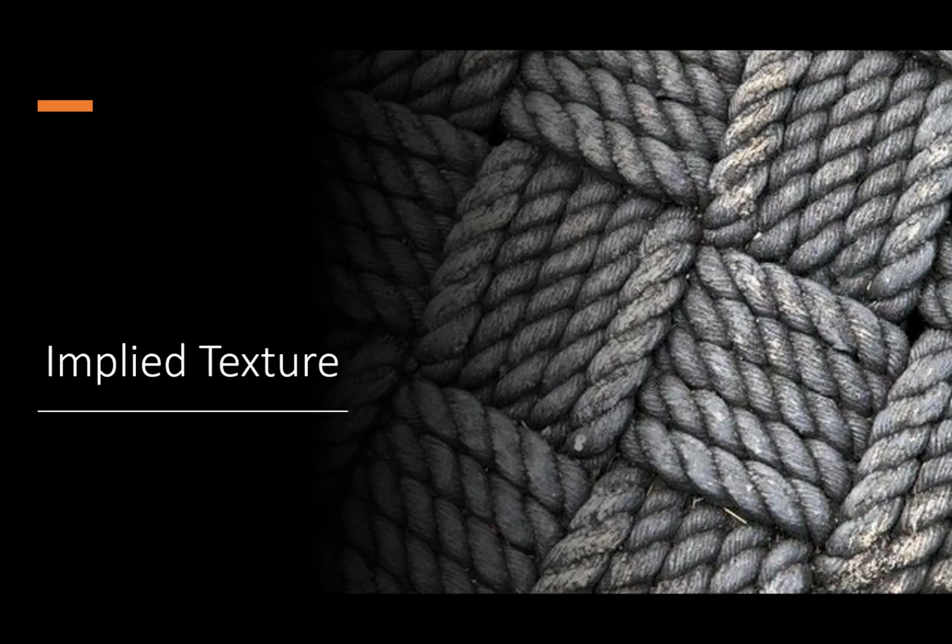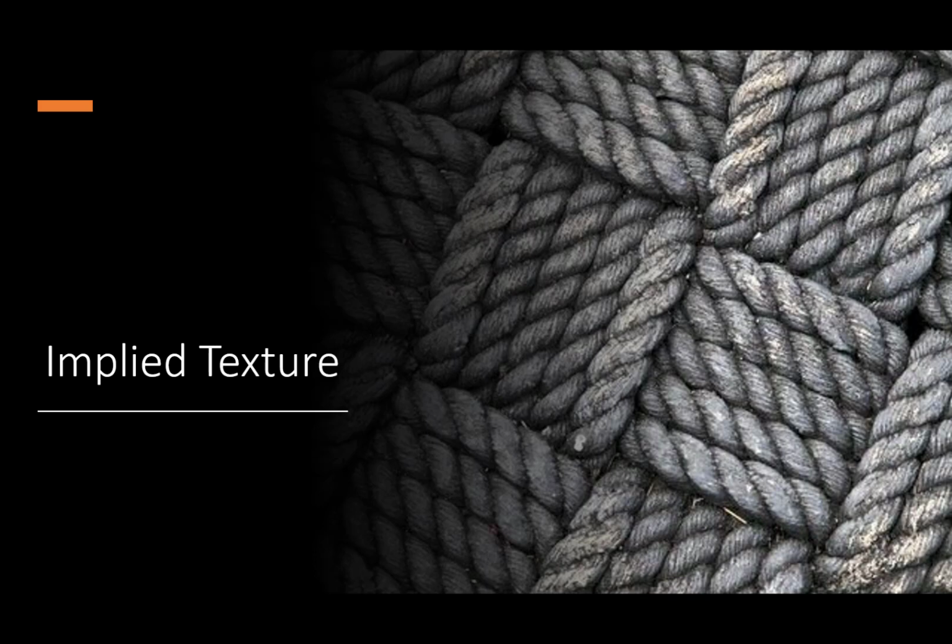Here we have a photo. It's cut off so you can't tell, but you're looking at a photo. We're not touching actual rope. This is rope, and a picture was taken, but the picture is not the texture of rope. It's not three-dimensional. It's not a form. Therefore, this is implied texture of a rope. But we get a sense of that. Implied texture is important because it's implied that it's the rope.